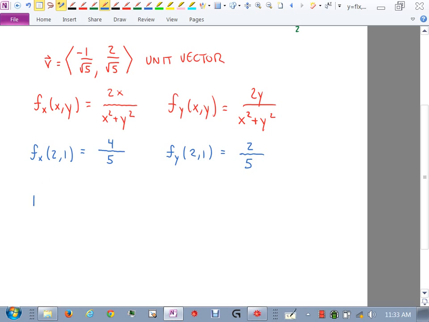The derivative in the direction of v, not u, of f at the point 2, 1 would be equal to -1 over √5, that's my a, times 4/5, plus my b, which is 2 over √5, times 2/5.